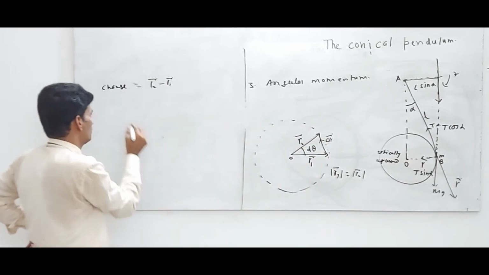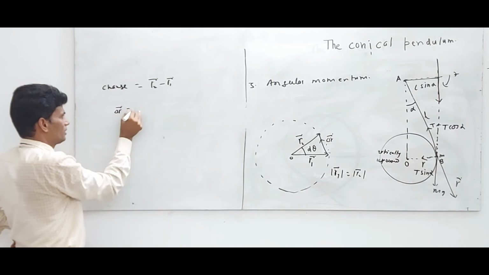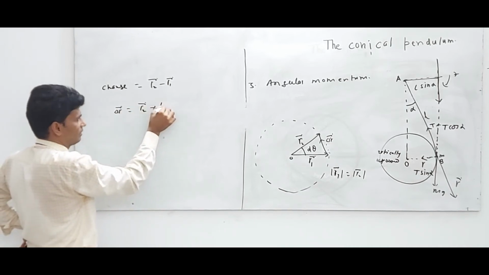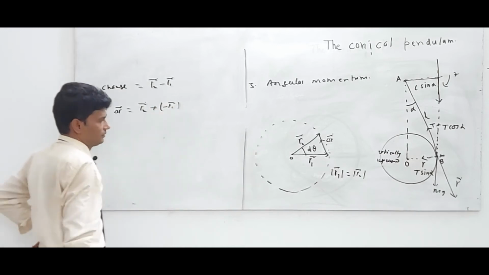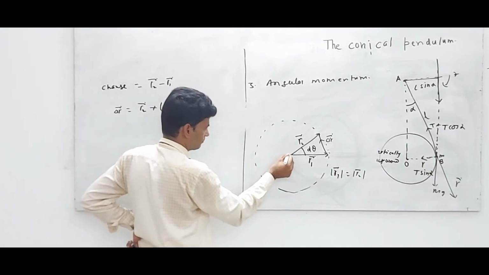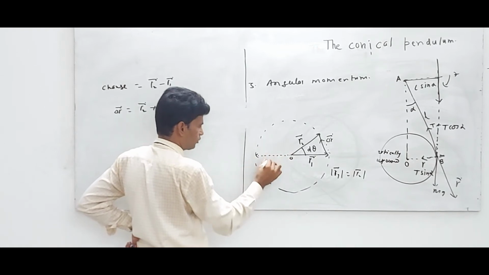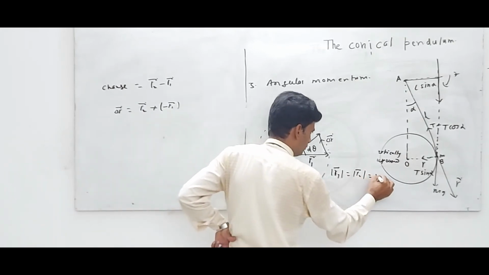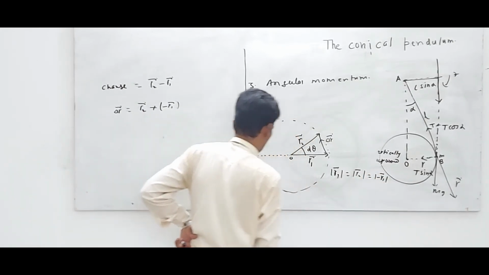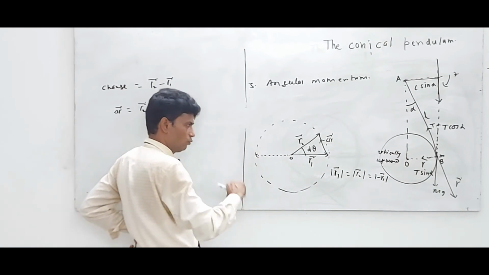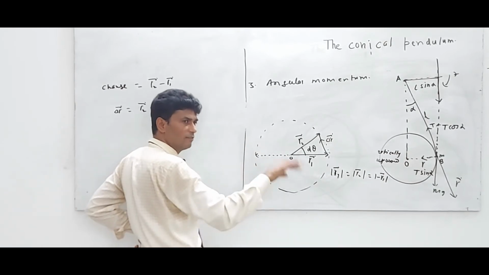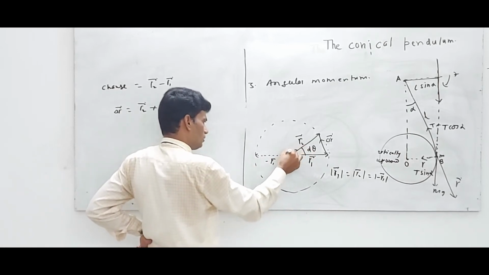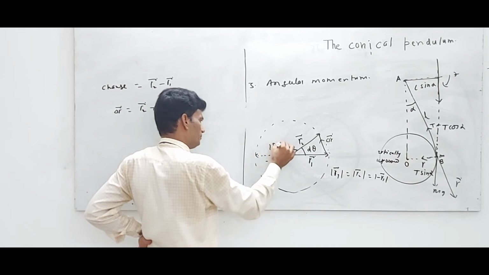The change delta R vector comes out to be R2 vector plus of minus R1 vector. The scalar multiplication of the vector by minus sign gives no change in the magnitude; this is also equal to mod of minus R1 vector. But the direction has been changed by 180 degrees, opposite to the vector R1. So this is minus R1. This is d theta, so the angle comes out to be 180 degrees minus d theta.